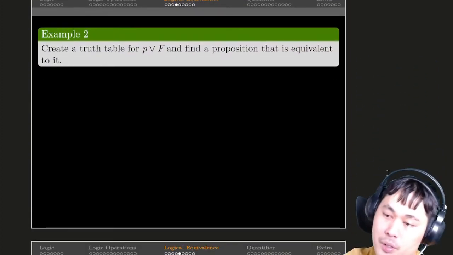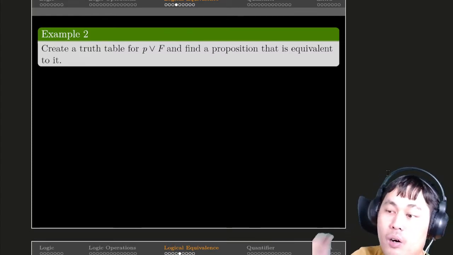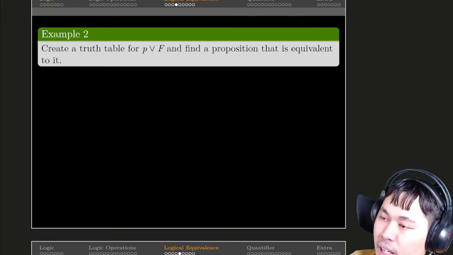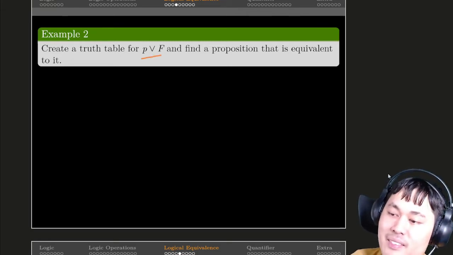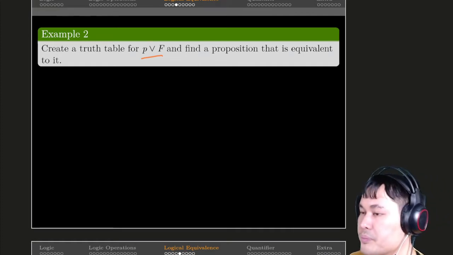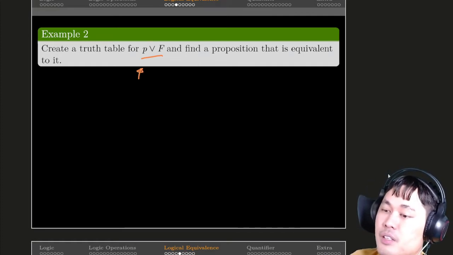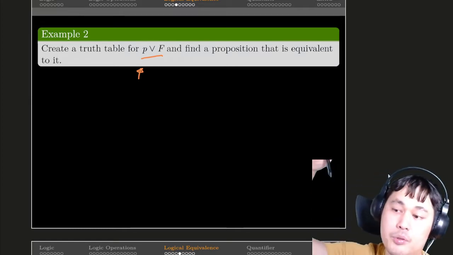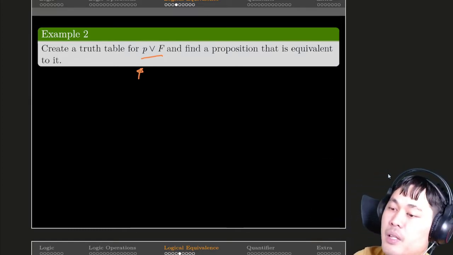Let's try the next one. We're going to make a truth table for P or false and find a proposition that is equivalent to it. And maybe this is a new one. What does it mean? It will be P or false. Because P is a proposition, it can be true or false. We don't know it yet. That's why we have to list all the possible combinations.